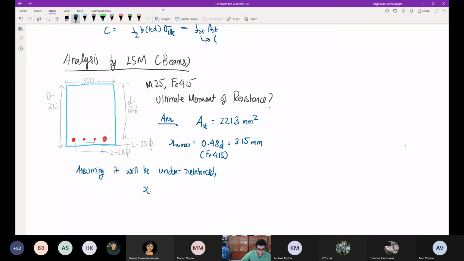So assuming that it will be under reinforced, you can calculate your actual neutral axis. This is the actual neutral axis, and this is the limiting or balanced.